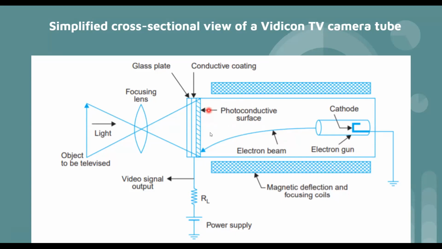Depending upon the resistance of the particular target plate, a photoconducting coating is required to detect the image, to detect the particular resistance value. So the result is a flow of current.